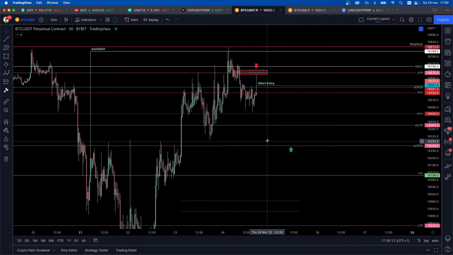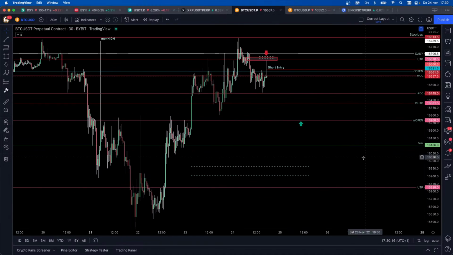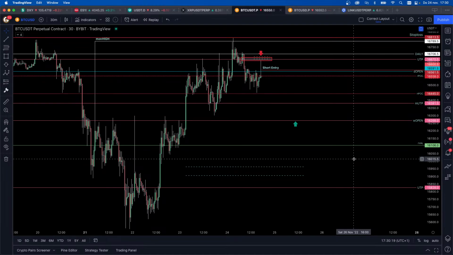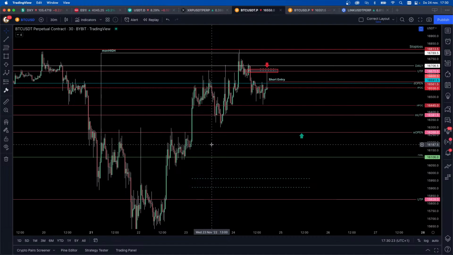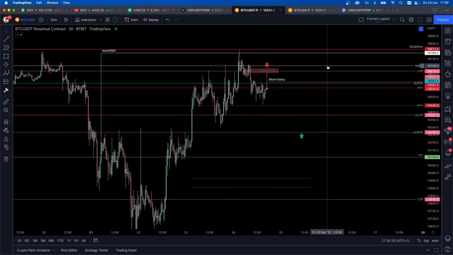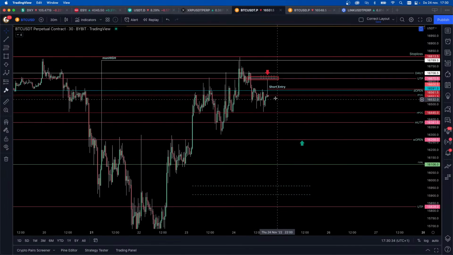But in the market, anything can happen, and each trade is different. You could have a triangle pattern at a daily level, and if that daily level, for example, wasn't here, then it might break out even higher.